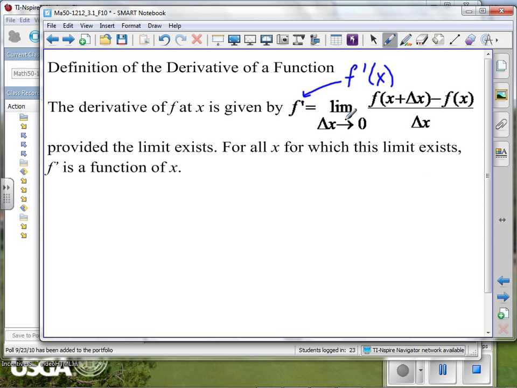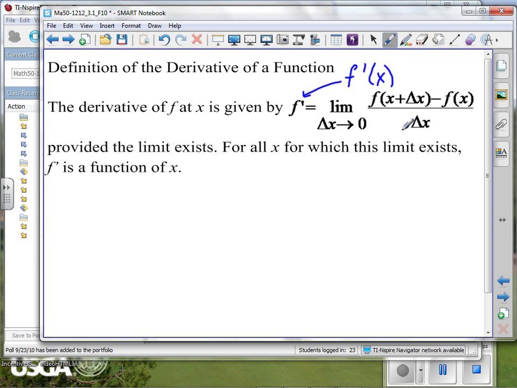We have the limit as delta x goes to 0, and delta x represents what? Now remember, we're starting with a point, and we're saying, if I have another point on the curve, this limit means that my second point's moving really close to my first point, and as I move it closer and closer to my first point, then that difference between the points is going to 0.